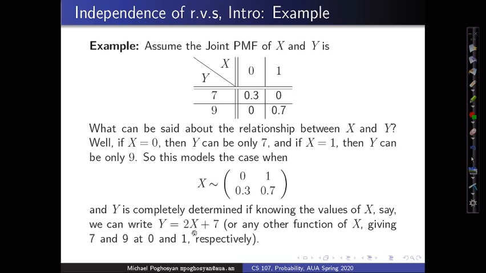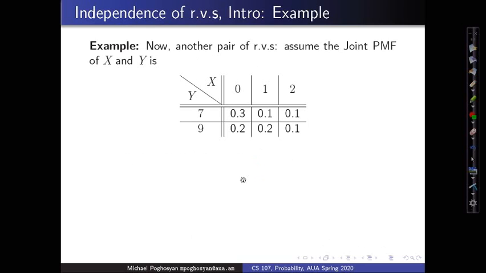Or we can take any other function of x giving 7 and 9 at these two points. So in this case, y clearly depends on x, because knowing x, we can calculate the value of y for sure.